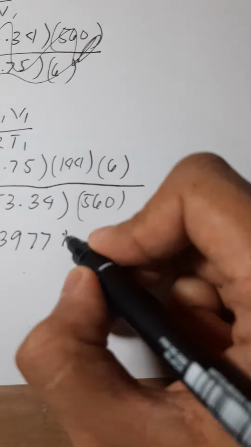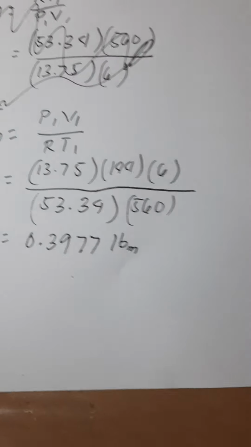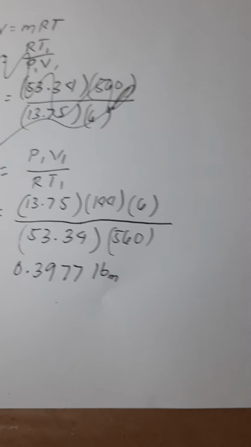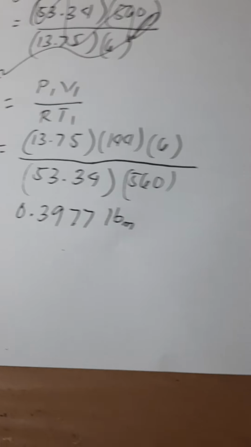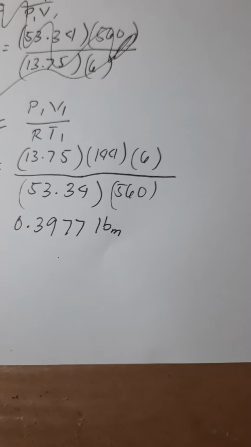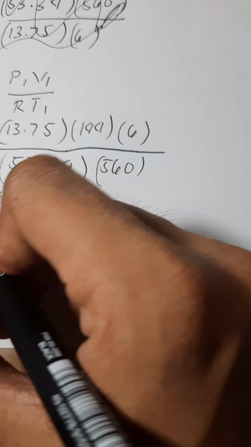0.3977, of course, pound mass. Then we compute for the CV specific heat.